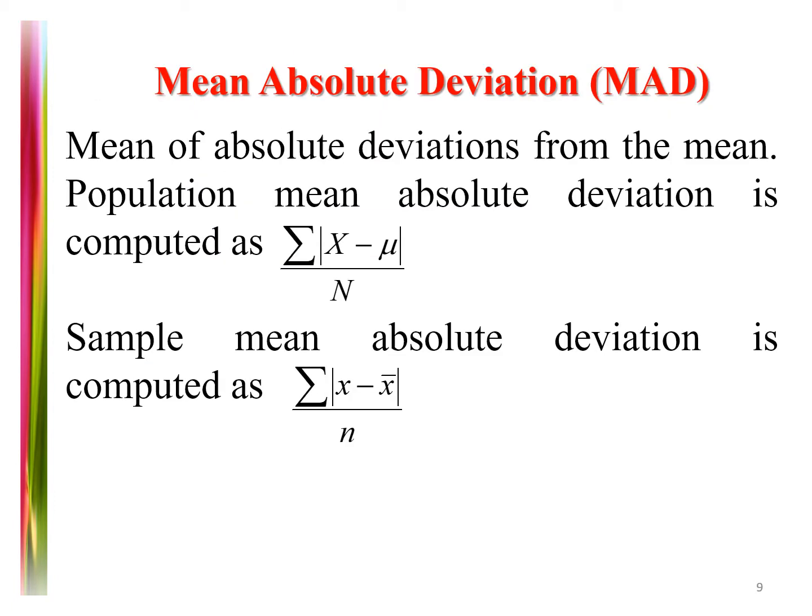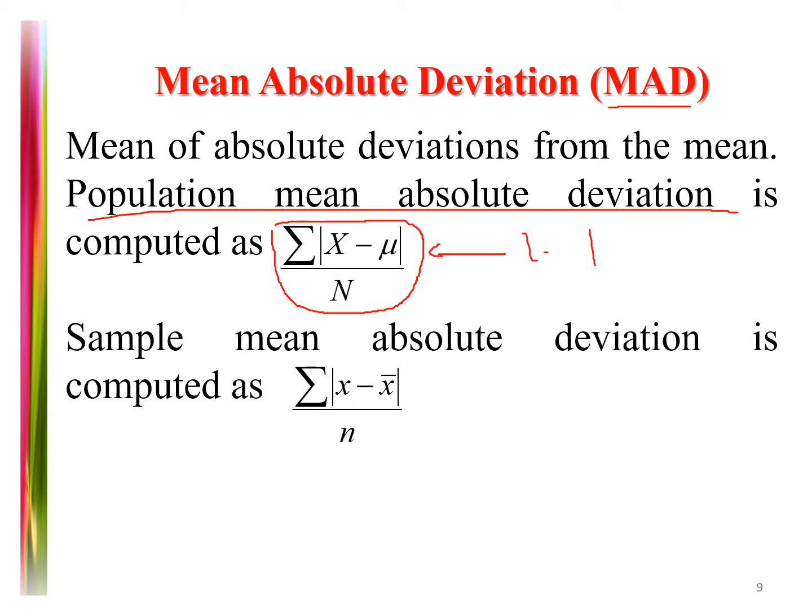Alright, second, mean absolute deviation, usually denoted as MAD. In this case the mean absolute deviation from the mean is just the average of the absolute deviations from the mean. For the population mean absolute deviation, we consider capital N observations, or capital N individuals in the population: summation of the absolute value of x minus mu, divided by N. Here it is important that this is an absolute value, which is always positive.